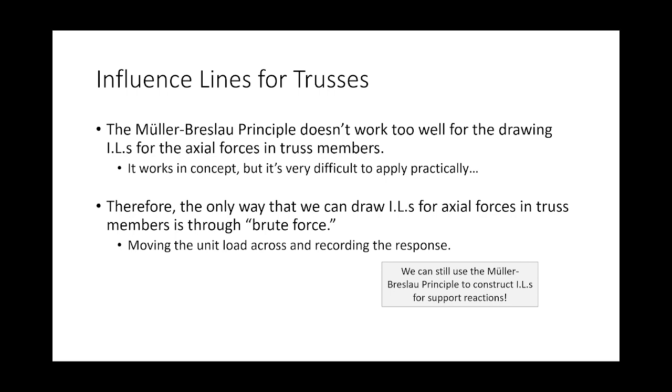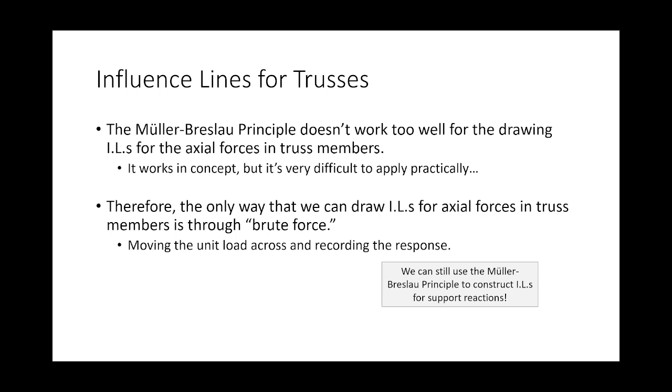Like the Mueller-Breslau principle, and I want to be crystal clear, the Mueller-Breslau principle is a sound theoretical basis for drawing an influence line, but it is a graphical shortcut, and while the theory works for trusses, it's not like the concept doesn't work.